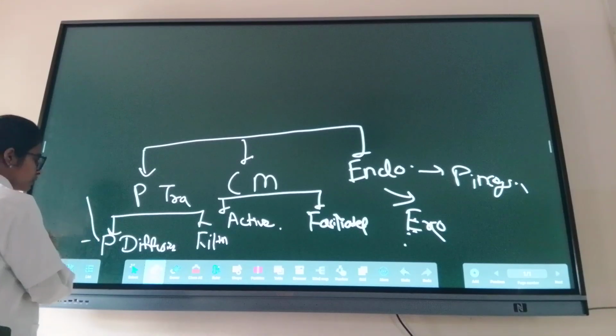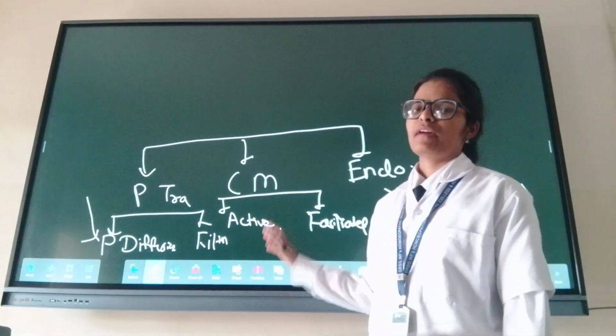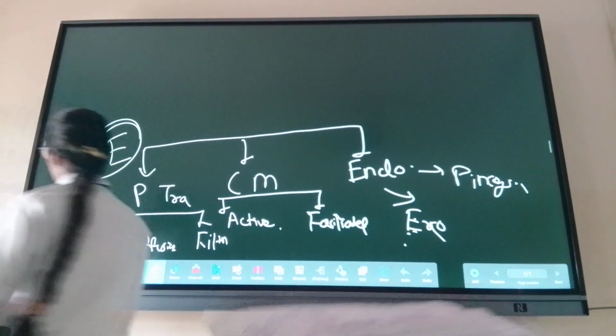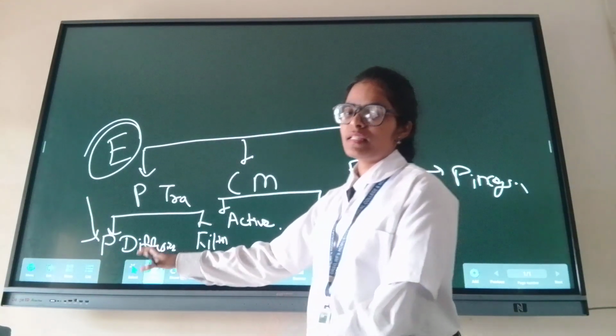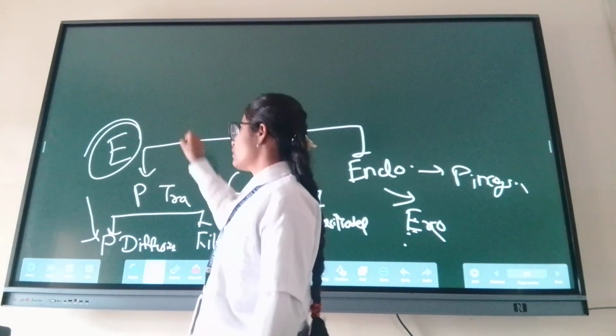Now what do you mean by passive and active? Passive means it does not require energy. What is energy here? The currency of energy, the ATP. Passive diffusion does not require ATP. And filtration, I think you know this.